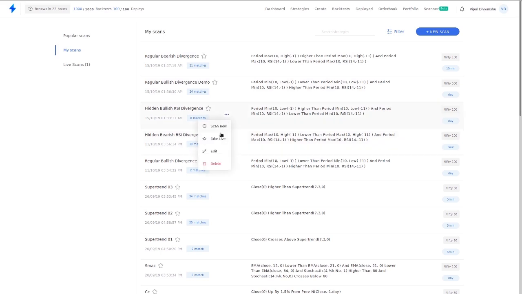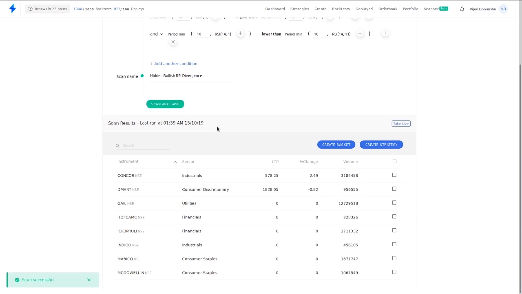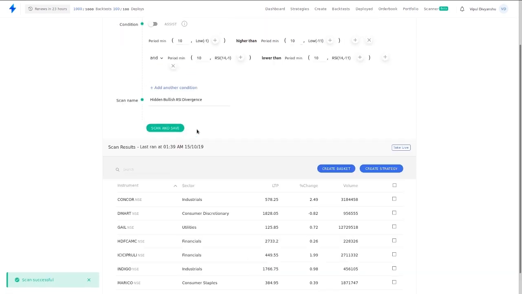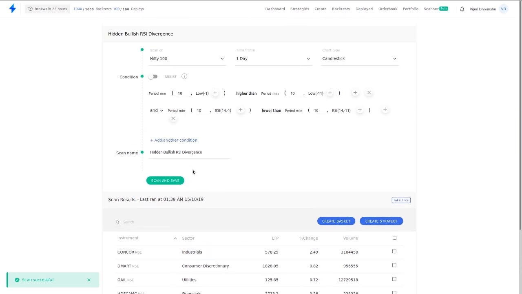So we'll first look at hidden bullish divergence. Let me quickly open that now. We see that hidden bullish divergence is being formed in these stocks. How many of them are clearly looking versus how many are not clearly looking? Let's look at that as well.